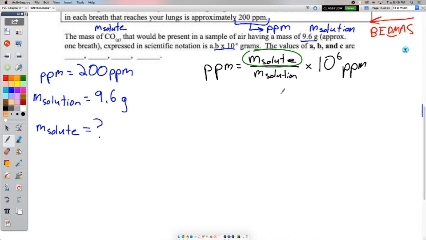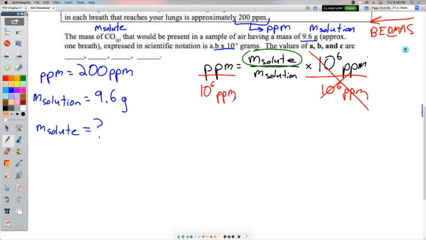It doesn't really matter which one we deal with. So I'm just going to get rid of that because it's kind of sitting out there waiting to be chopped off. Times 10 to the 6 ppm. So see ya. But I can't divide this side by 10 to the 6 ppm and not do it to this side. So I got to do it to that side too.